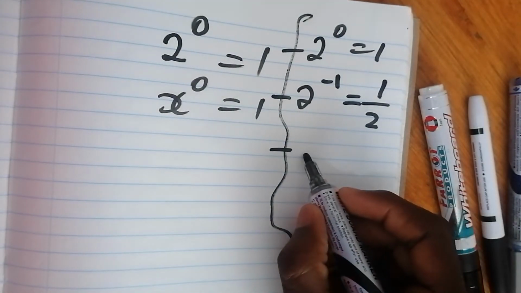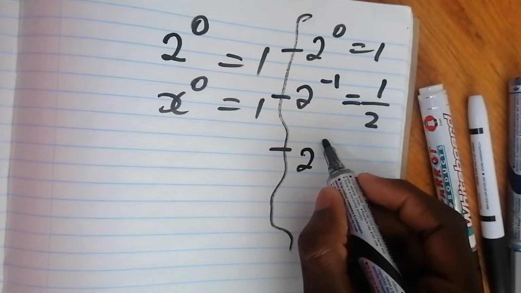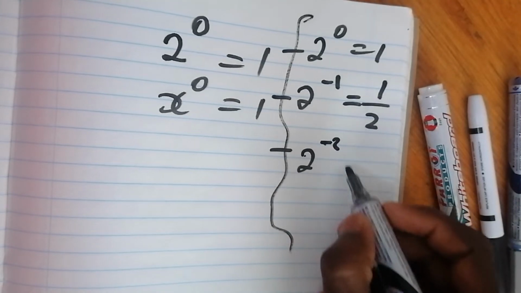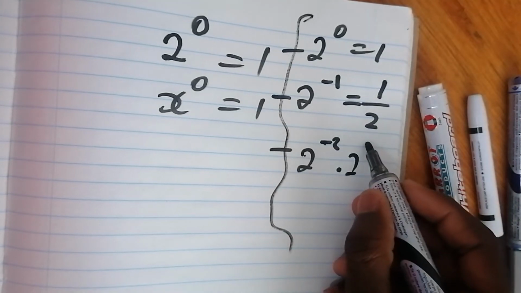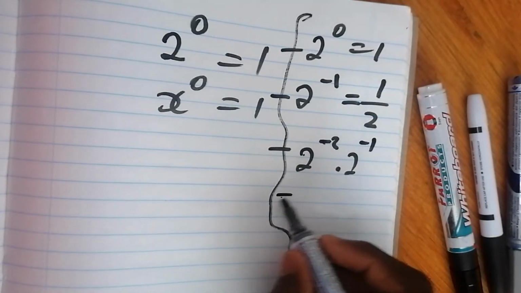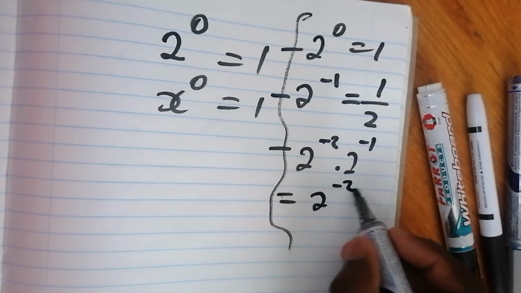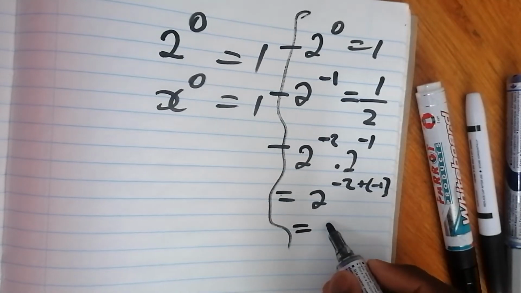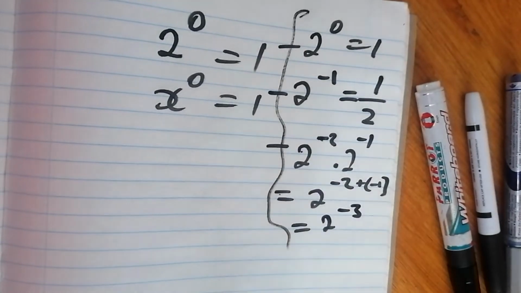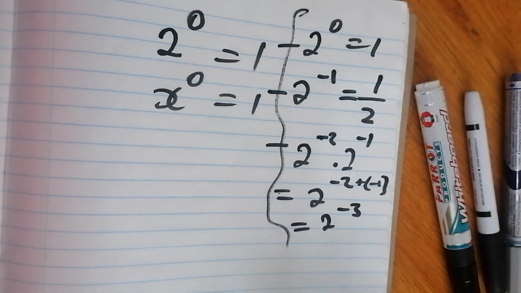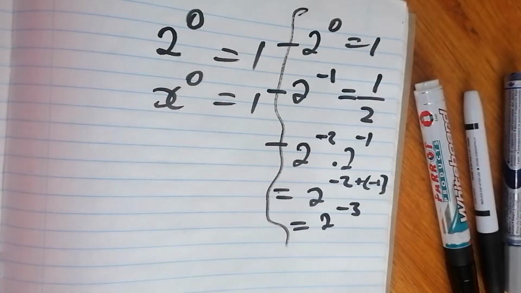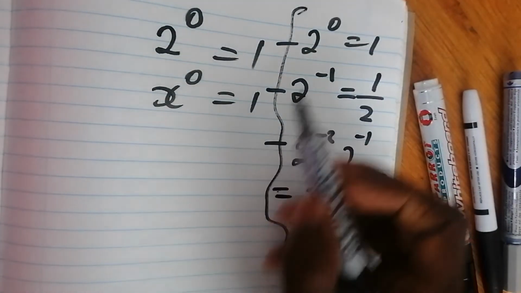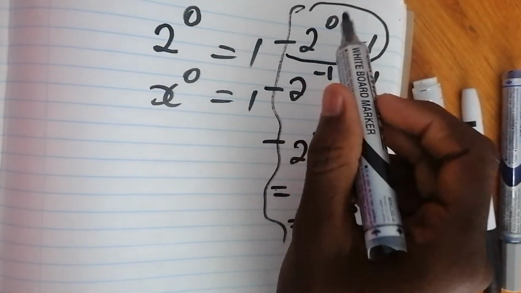For example, 2 to the power minus 2 times 2 to the power minus 1 is the same as 2 to the power minus 2 plus minus 1, which is 2 to the power minus 3, right? So like I mentioned, laws of exponents. But the question that was asked the most is why 2 to the power 0 is 1.